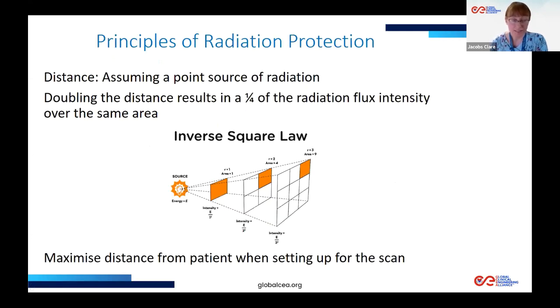In terms of distance, if we assume a point source of radiation, doubling your distance will result in 1/4 of the radiation flux intensity for the same area. So the radiation dose rate drops off quite significantly with distance. That's important when considering keeping your distance from a patient when setting up for a scan, for example.